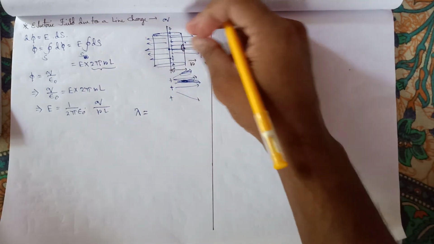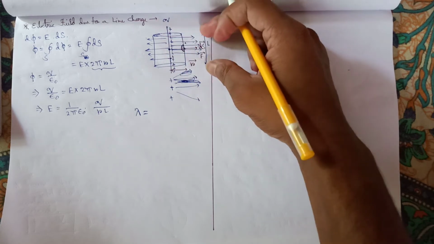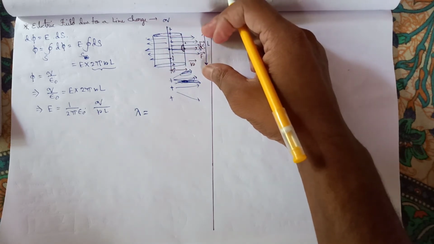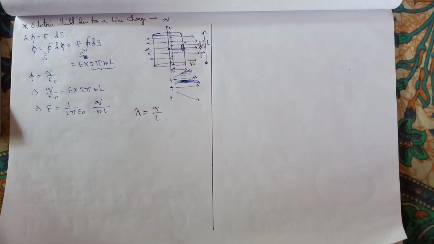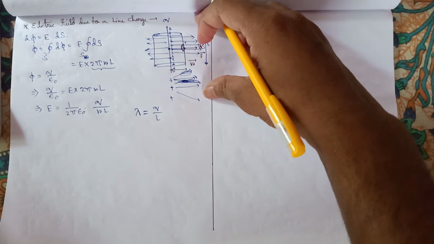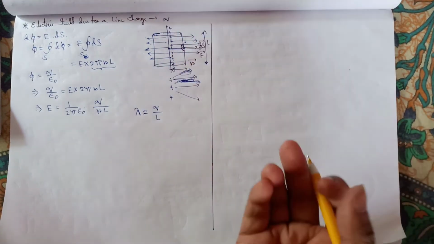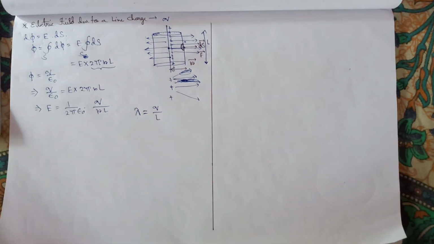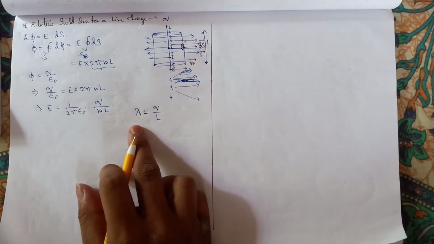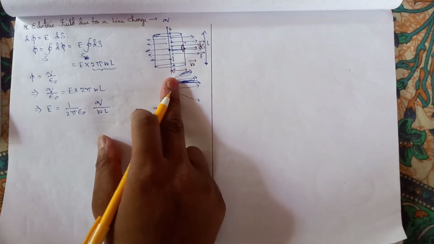If the total charge q is distributed over length L, then per unit length it will be q by L. If we increase L, q will increase proportionately. So lambda is constant for any length, whether infinitely large or very small, because it is uniformly charged.